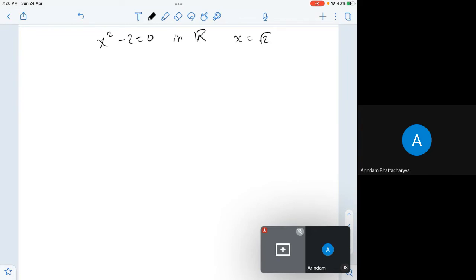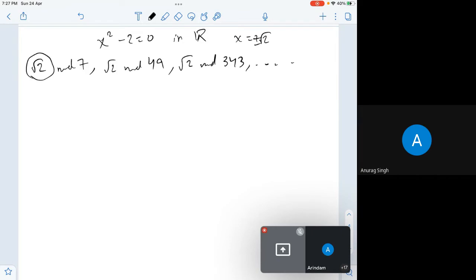Let's say we try to find root 2 mod 7, actually plus minus root 2, root 2 mod 49, 7 cubed, 343, and whatever. So this does not make sense, because root 2 is not even a rational number. I defined division for rational numbers, but root 2 is not even rational. So we will have to figure this out somehow.